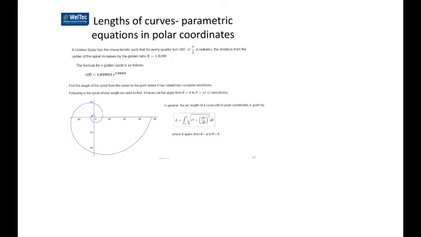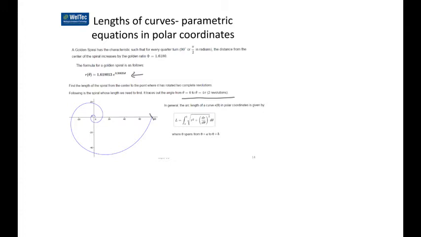We can go further and again just use integration in a formula to find the length of a spiral, and in this case it's where the spiral's done 2 revolutions, so it starts at the origin, goes round and comes back to here. So if we have an example of a function where we're already given the function here, then we can find the arc length as it goes right round.